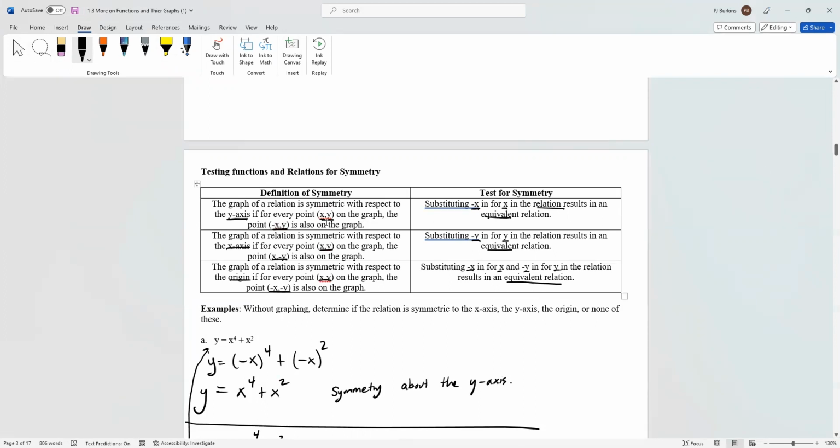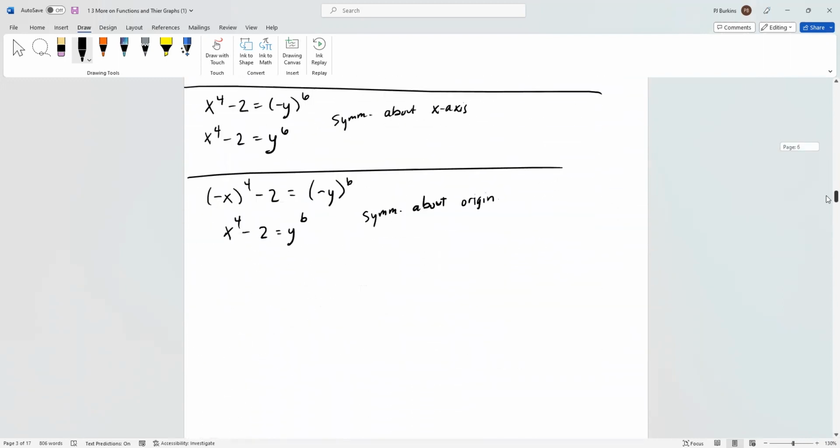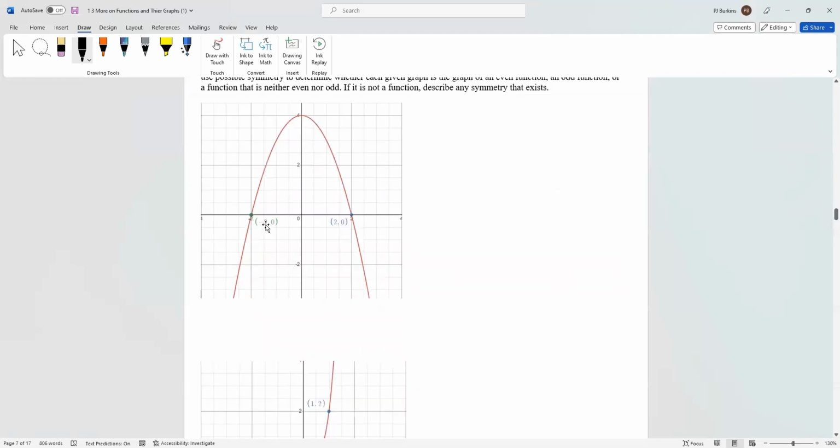Well, that was for a relation, but that's the same thing for symmetry about the y-axis for a function. And so notice we have a negative x there, -2, and we have a positive x, +2. And we could look anywhere else. This point right here, we have the exact same point on the other side, but the x value is just opposite in sign. And so therefore, this is even.